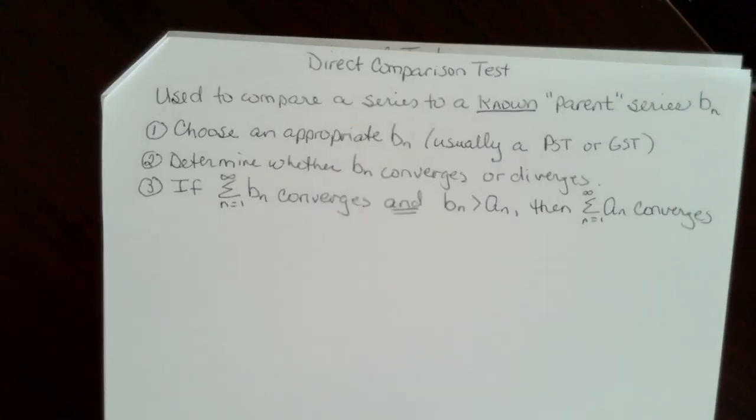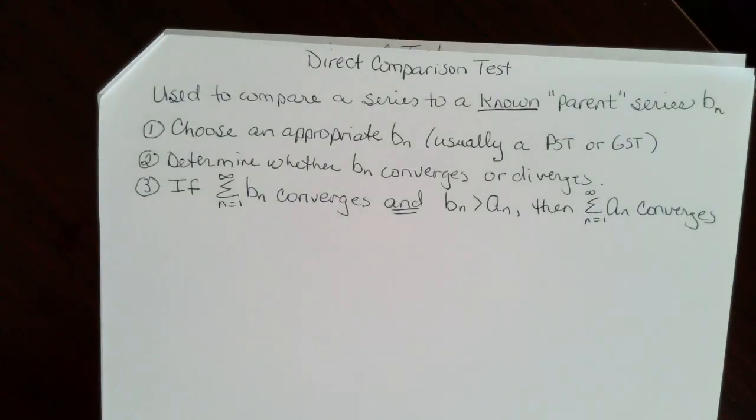Think about it. If B sub n is bigger and it converges, then whatever is smaller than that will also converge.